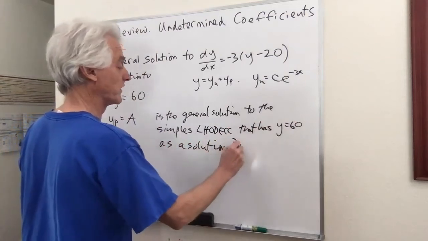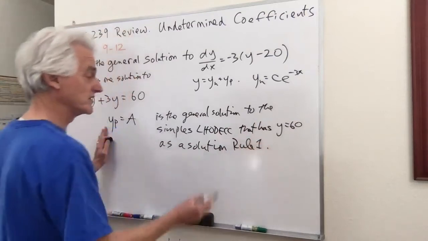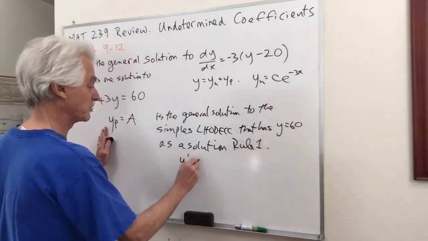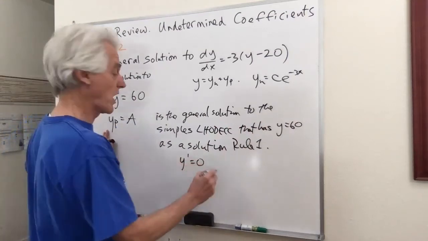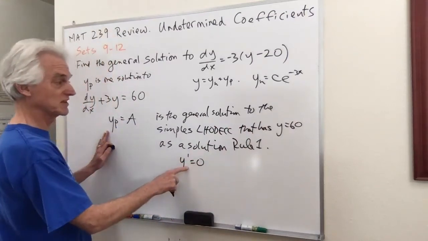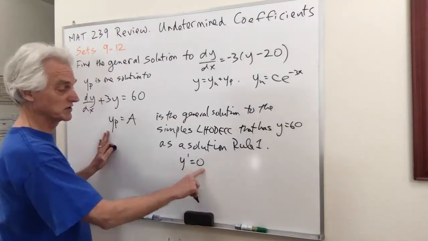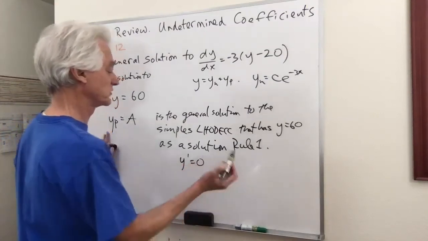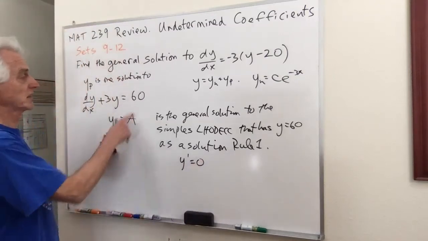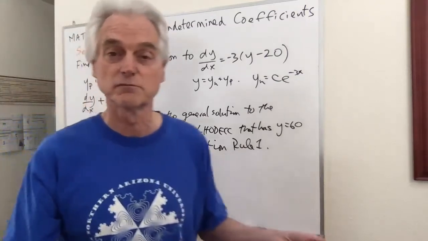This is the rule 1 thing. And what is that ODE? It's y prime equals 0. It's a linear homogeneous ODE with constant coefficients, 0 on the right-hand side. This has general solution y as a constant. Could be that constant, could be 60, right?